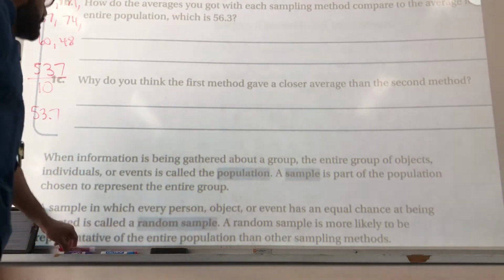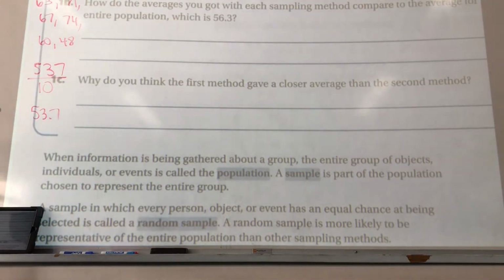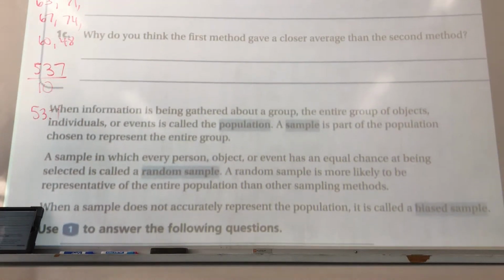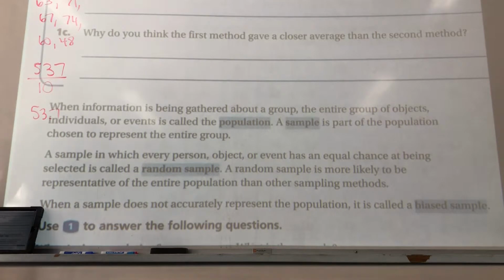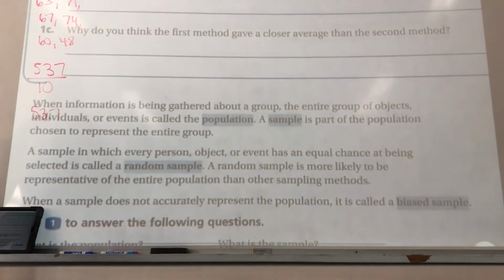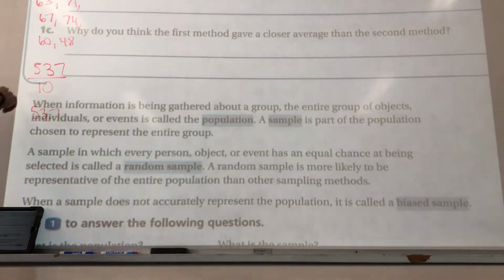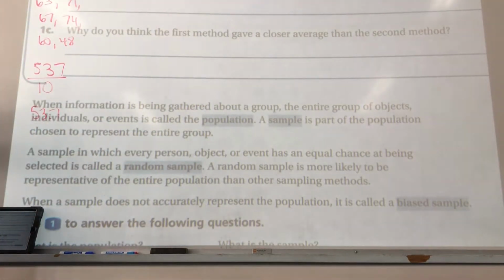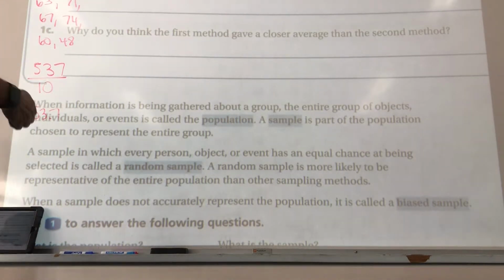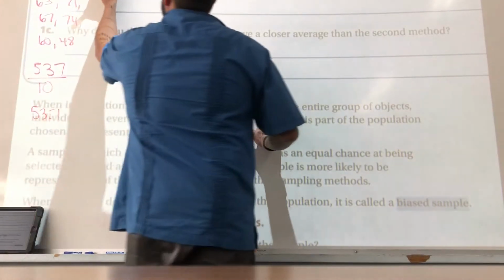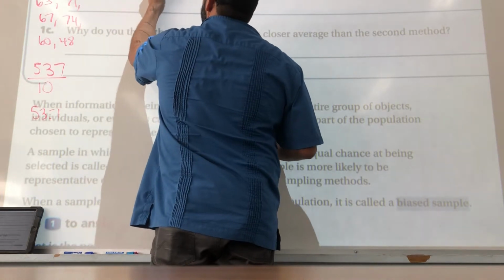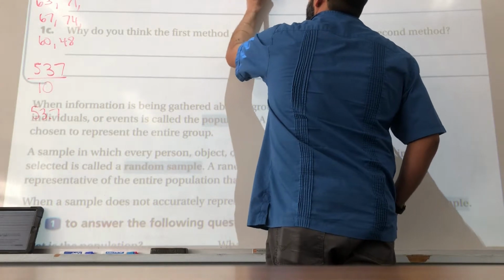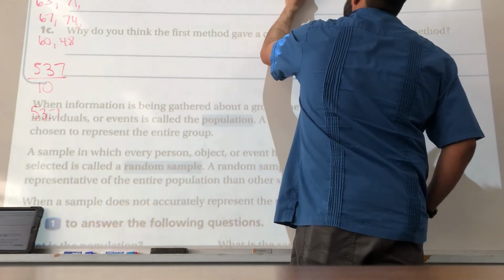Okay, 1A, how do the averages you got with each sampling method compare? We already answered that one. Okay, 1B, how do the averages you got with each sampling method compare to the average for the entire population, which is 56.3? They added all 100 and then divided by 100 and got 56.3. So you could say the first row is far below average.